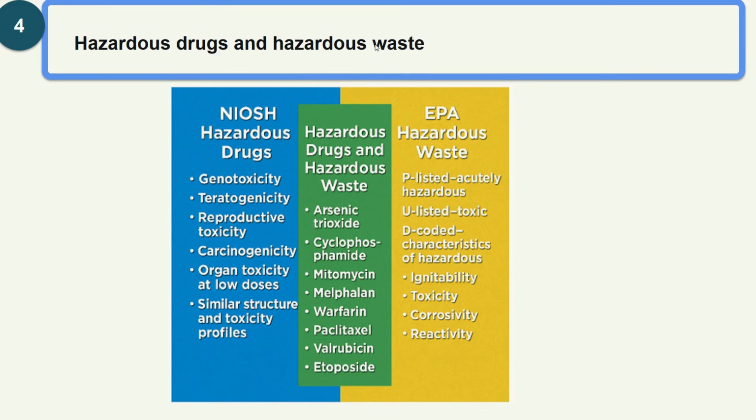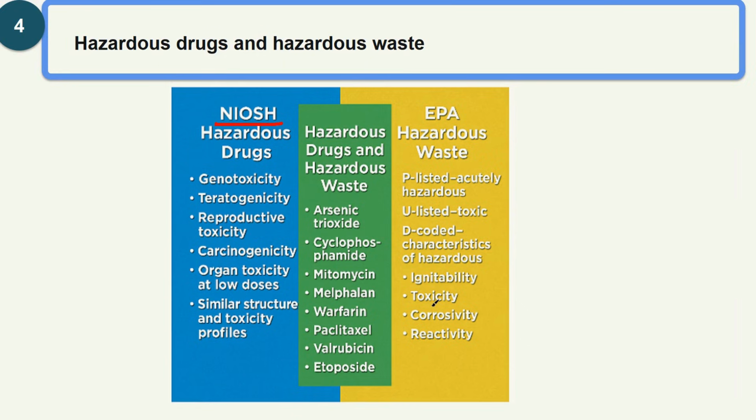So here there are two regulations. NIOSH hazardous drugs include drugs that cause genotoxicity, teratogenicity, reproductive toxicities, and organ toxicities. Whereas the Environmental Protection Agency's hazardous waste includes P-listed acutely hazardous drugs, U-listed drugs, and D-coded characteristic drugs.